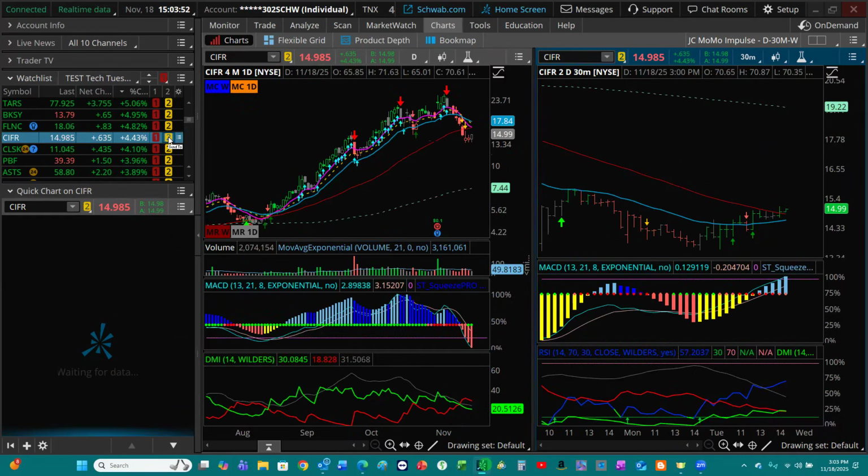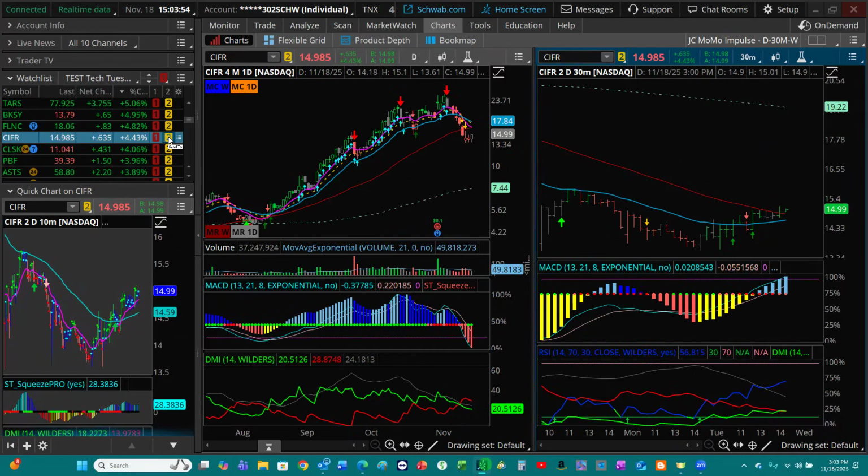Cypher. Cypher is in the short squeeze list as well as the relative outperformers list. By the way, relative outperformers means they're outperforming the S&P by 7% and also outperforming their own industry group by 10%. So they have to satisfy both of those in order to make that list.